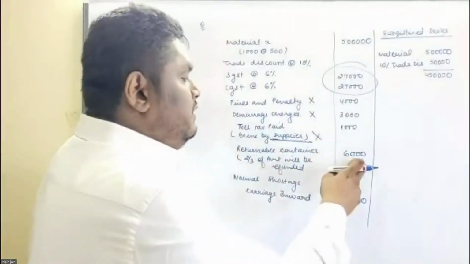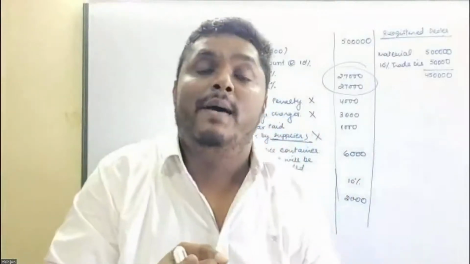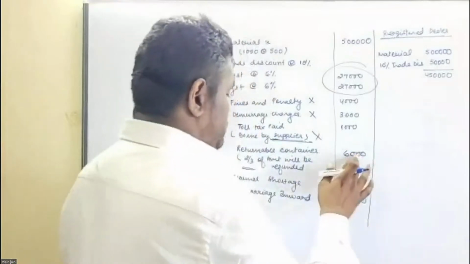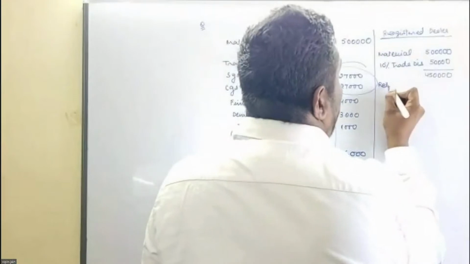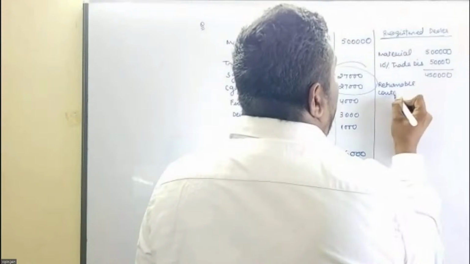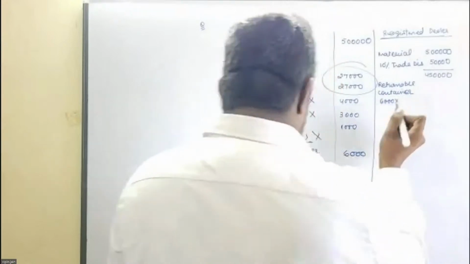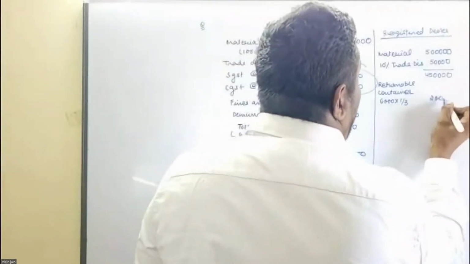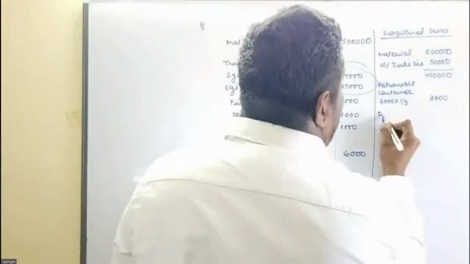When talking about returnable container, 2/3 of the amount is refunded. It means the amount borne by the buyer is how much? Only 1/3. That is 6,000 into 1/3, that is 2,000. Carriage inward is 2,000.